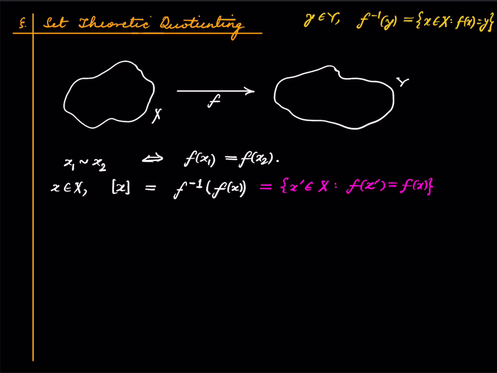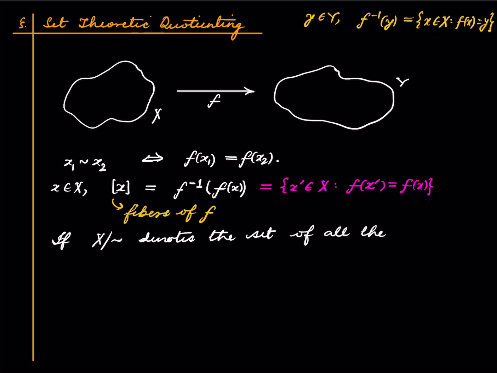It's just a notation for this set. Okay, so these are the equivalence classes, and these are called the fibers of f. This denotes the set of all the equivalence classes, or equivalently the set of all the fibers of f.